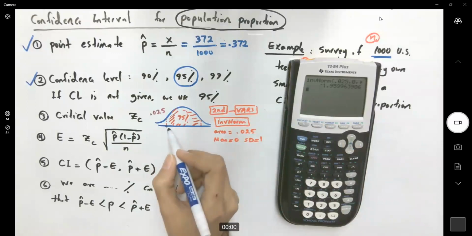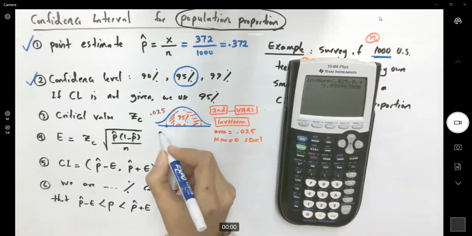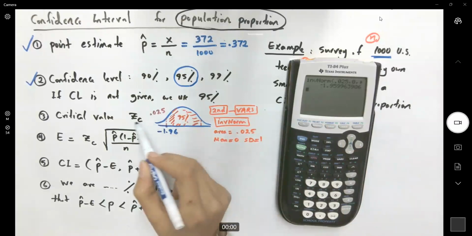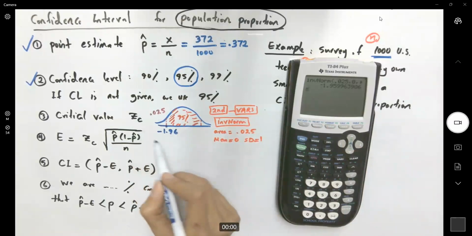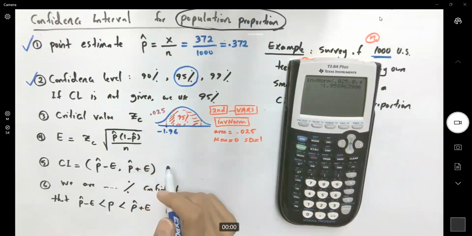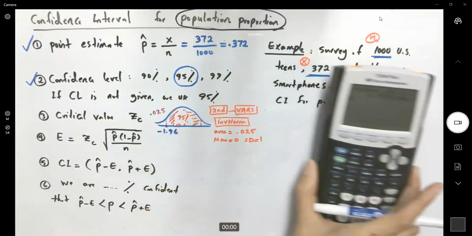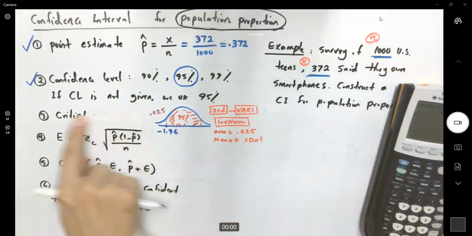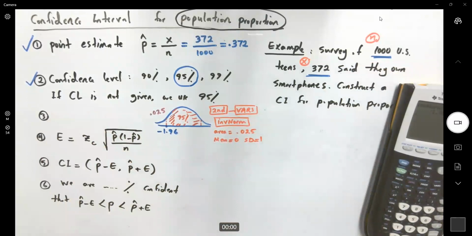This is my Z, not critical value. This is negative 1.96. My critical value is the absolute value of this number. So critical value is equal to positive 1.96.